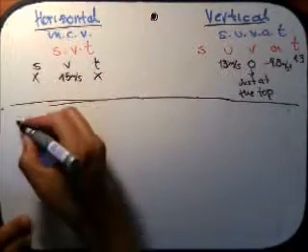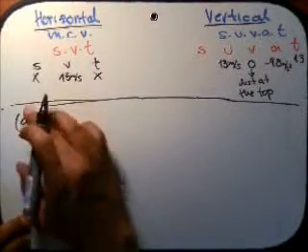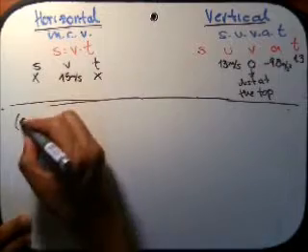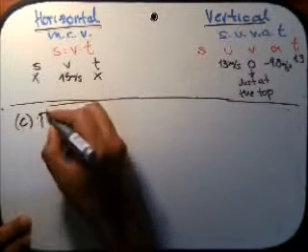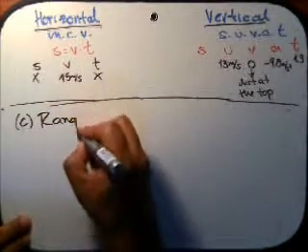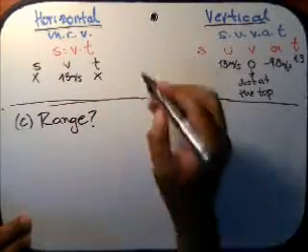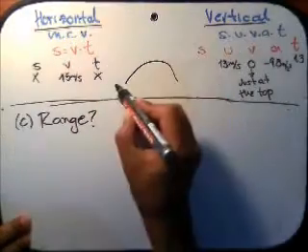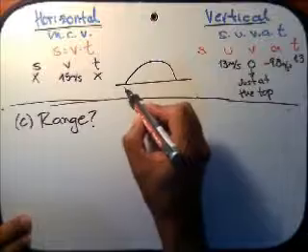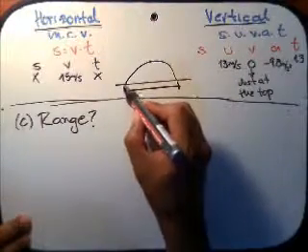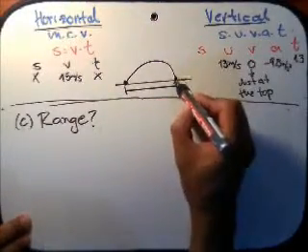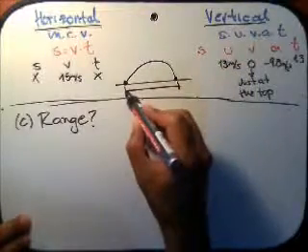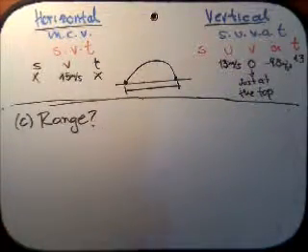Okay, the last question is part C: find the range of the motion. And the range, remember, if the trajectory is like this, the range is this whole distance from this point here to that point over there. So we need to find that whole distance.